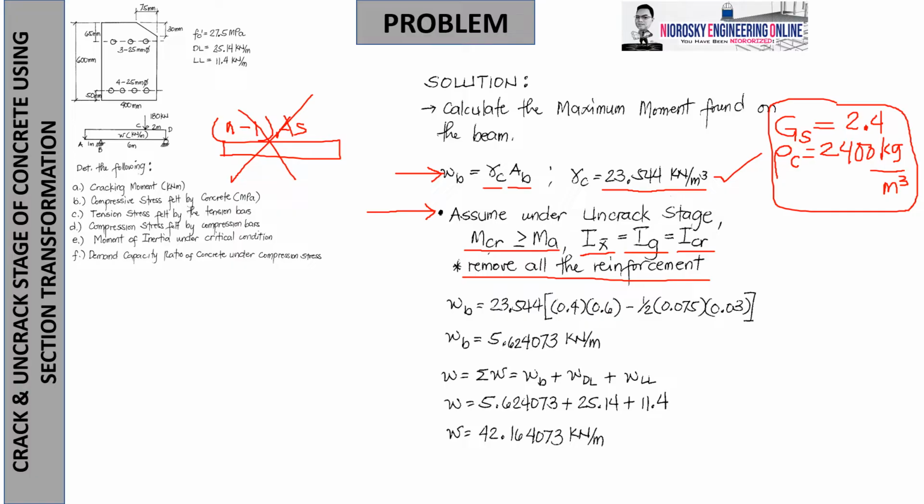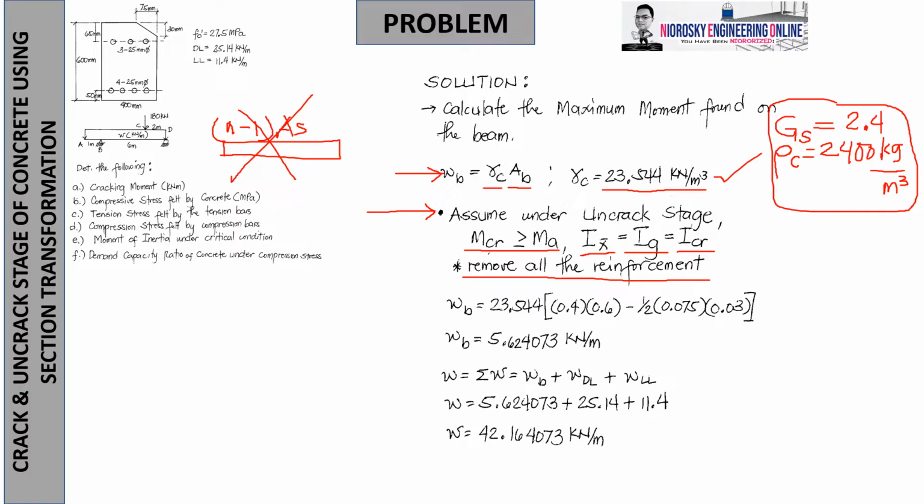Of course, for comparison, you can calculate it without neglecting, but that doesn't mean you computed it wrong. It is also correct, but you will show some discrepancy in the answers. In this discussion, I will be following and complying with what NSCP 2015 says about the principle of neglecting the reinforcement.